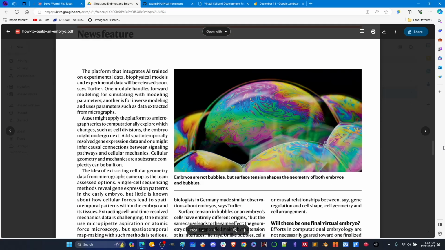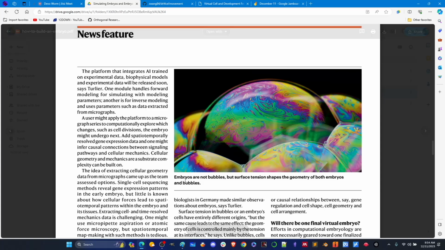This is basically one of the things I mentioned earlier about soap bubbles and soap films. You can use that as an analogy of the cells moving around in the embryo, dividing in different ways along different axes. They talk about here that embryos are not bubbles, but surface tension shapes the geometry of both embryos and bubbles.